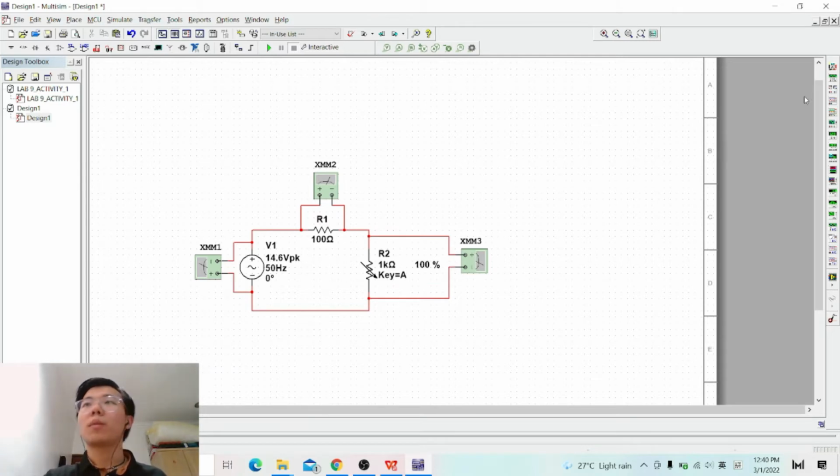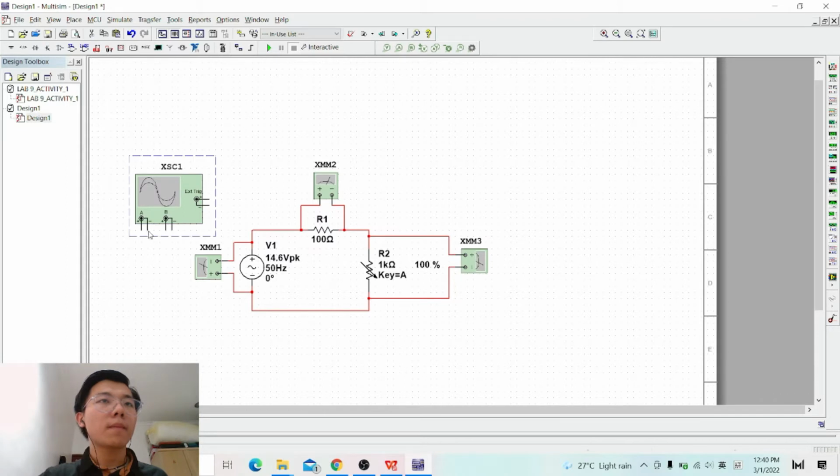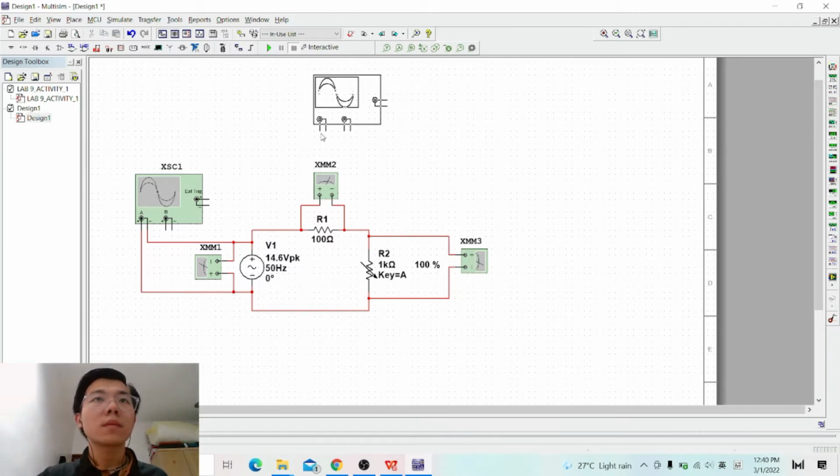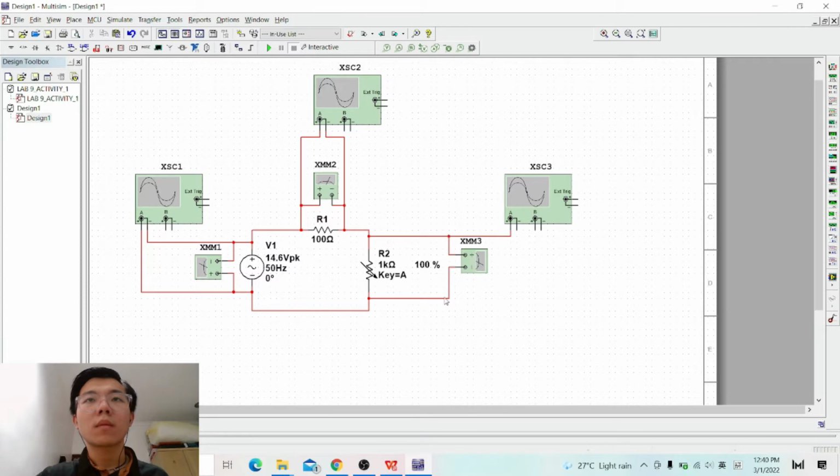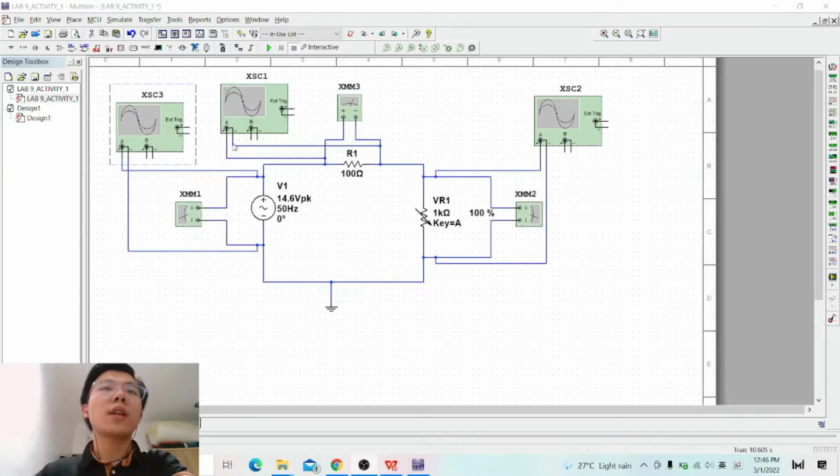After that, we connect it to the oscilloscope. That's all for the circuit connection.